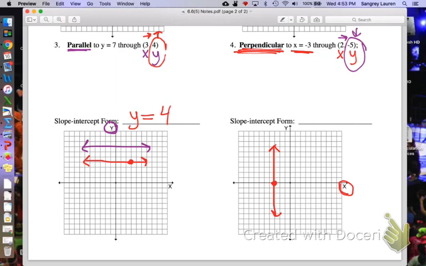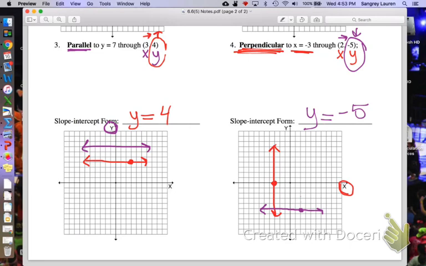To the right 2, down 1, 2, 3, 4, 5. So we need a line that's going to be perpendicular to the one we already drew, but it has to go through that point that we just plotted. So it's going to have to be horizontal. Since it's going through the y-axis, the line is y equals negative 5 because it went right through the y-axis at negative 5.